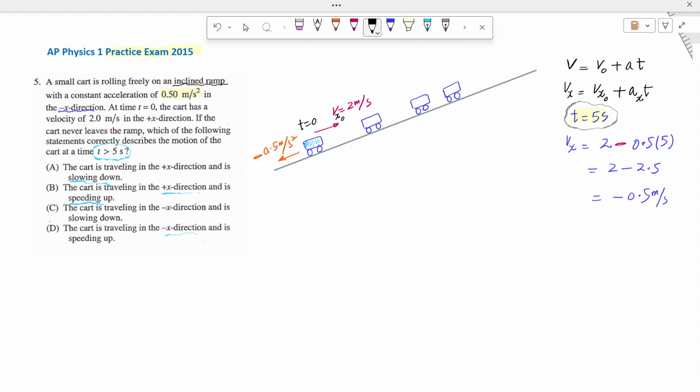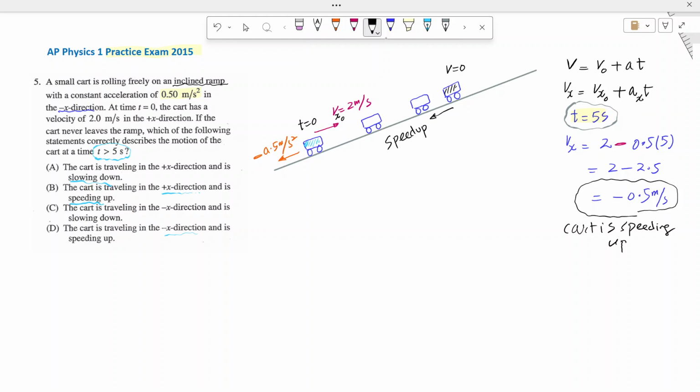You see, at that point its velocity becomes 0, and then it moved back. When it moves back, it will obviously speed up. If it is moving down the incline, because we see that its velocity is negative, it means that now the cart is speeding up.